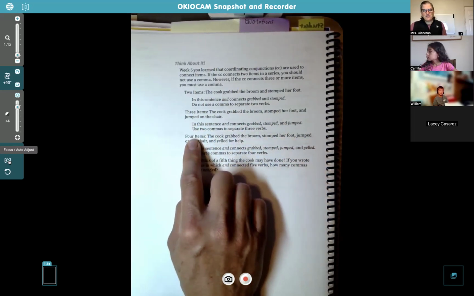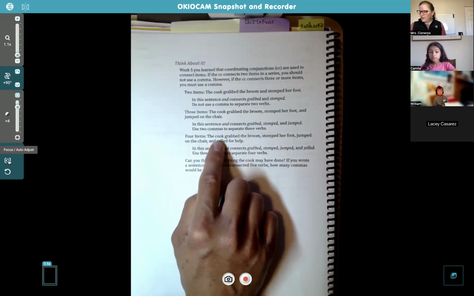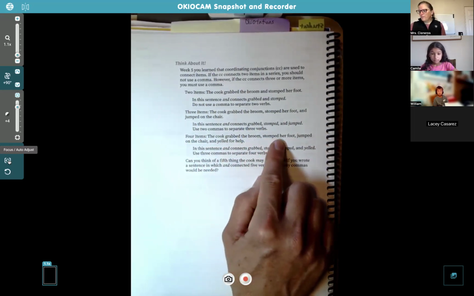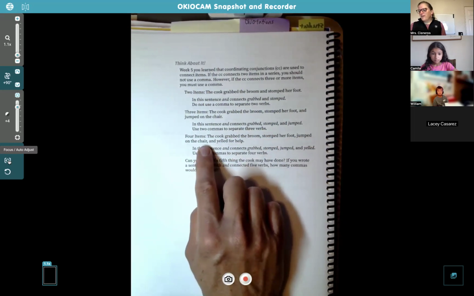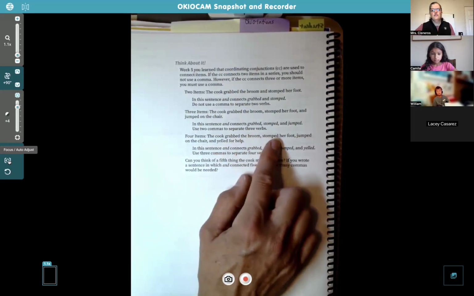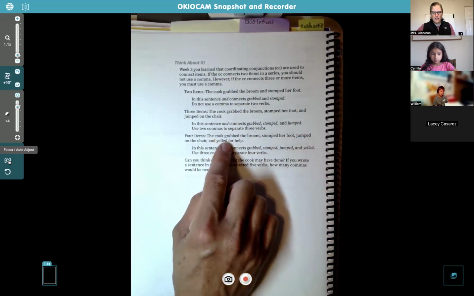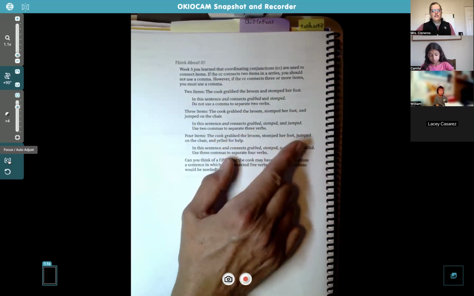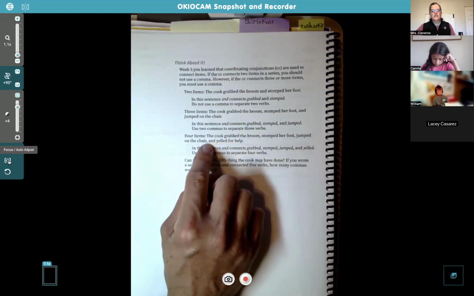Now, 4 items. She's going to do more. The cook grabbed the broom, stomped her foot, jumped on the chair, and yelled for help. So she did 4 things: grabbed, stomped, jumped, yelled. Commas after each thing that she does, right? And the last comma is always right before the and.